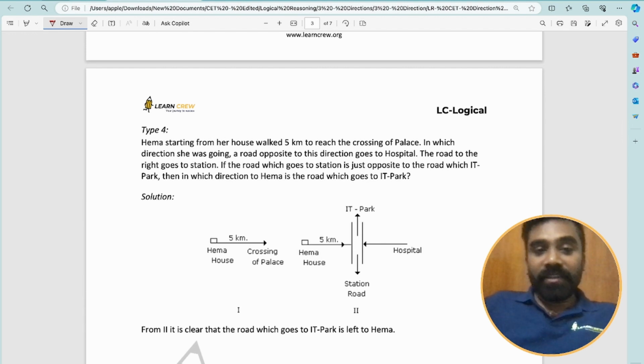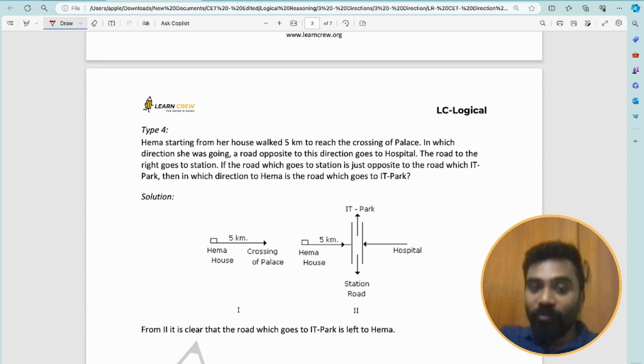Type number 4. Hema, starting from her house, walked 5 kilometers to reach the crossing of the palace. In which direction was she going? A road opposite to the direction goes to the hospital. The road to the right goes to the station.